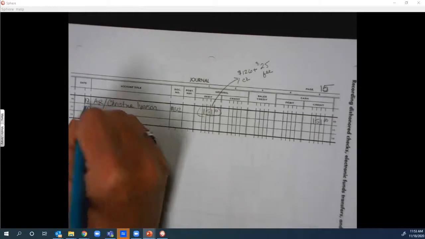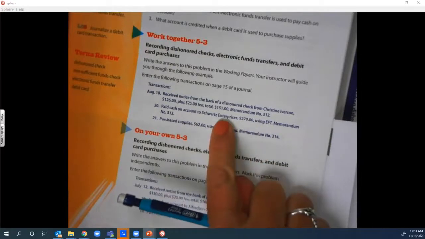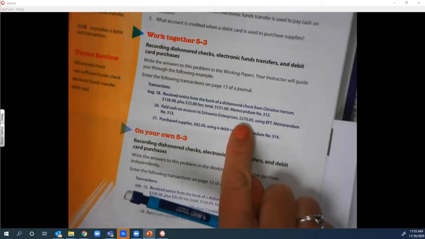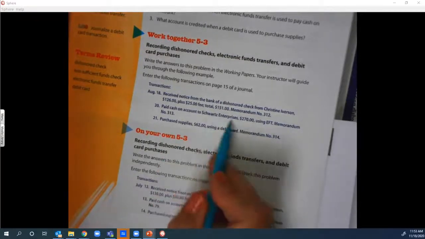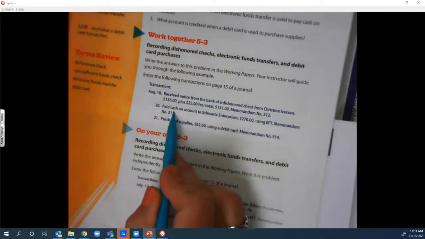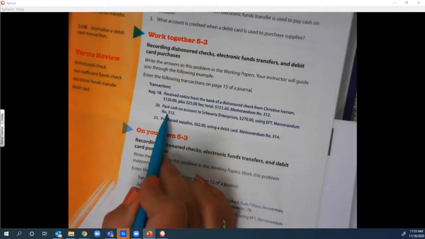And then it tells us on the 20th that we're paying cash on accounts with the EFT to Swartz Enterprises for $270, memo 313. So this is really the exact same process as a check. It's just that we use a memo instead of a check number. It's not any different in the journalizing part.